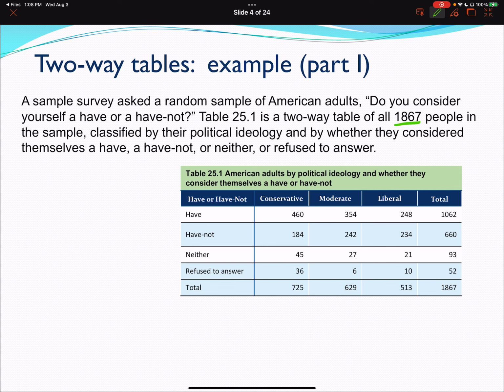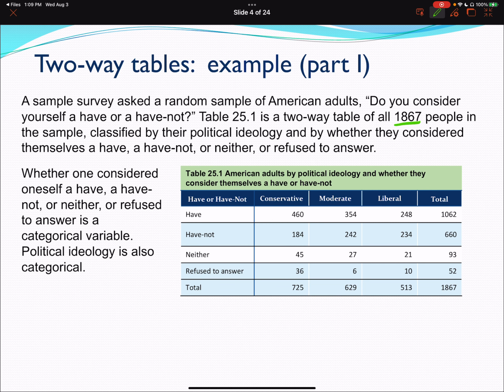And whether they consider themselves to be a have, have not, neither, or refuse to answer. So whether one considers oneself a have, have not, or refuse to answer is a categorical variable, and so is political ideology. So we put one categorical variable, the have or have not, on one side of our table, and the political ideology on the other.